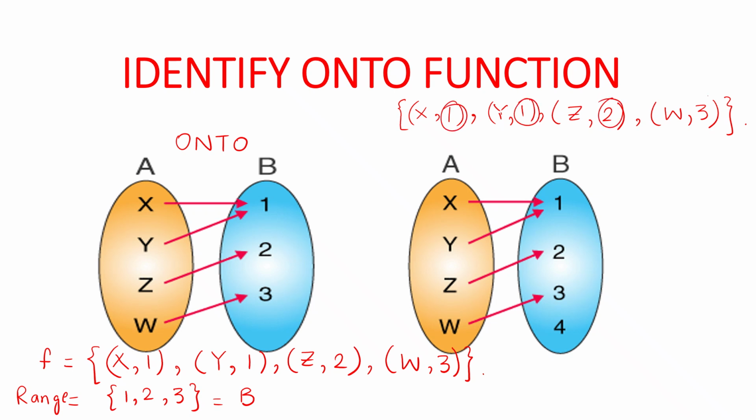The range for this set will be 1, 2, 3. Here range is not equal to set B. Instead, the range is a subset of set B. It means this is not an onto function.